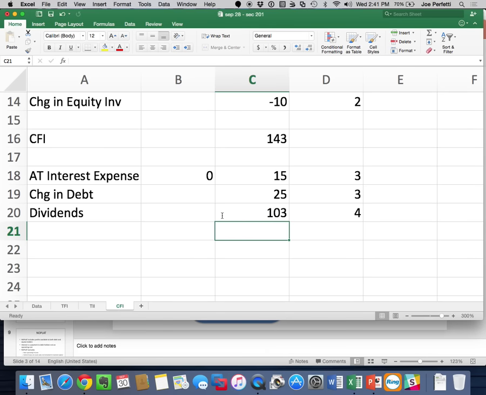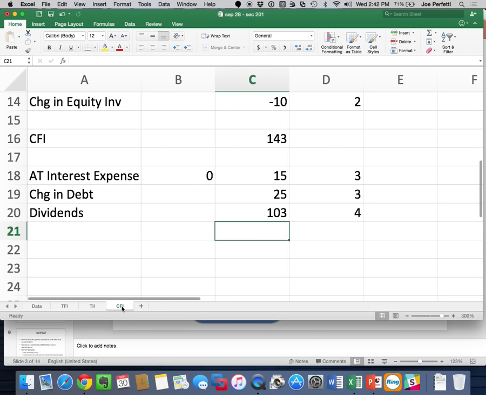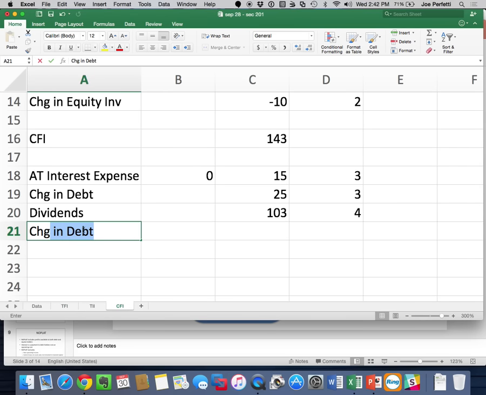Questions? All right. Then I go to the balance sheet, change in balance sheet, and I look at any change in equity items. Did I buy any shares back? Did I issue new stock? Any change in equity items? So in CFI, in our simple balance sheet, we have retained earnings. So change in retained earnings.